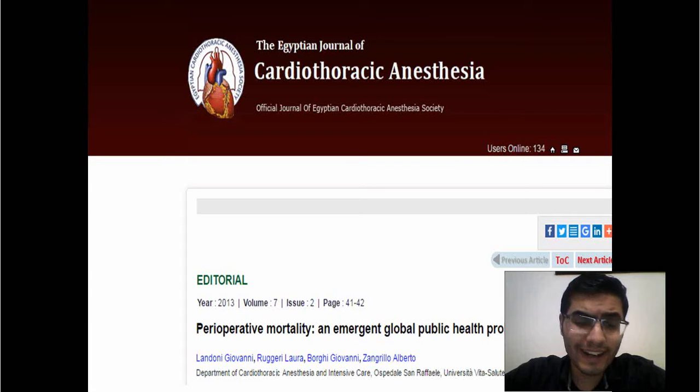But unfortunately, I found that they spoke about the data of the European Union and not Egypt. So we need specific statistical studies, data and registers to figure out the exact magnitude of the problem here in Egypt.